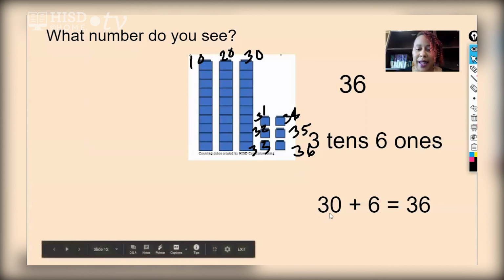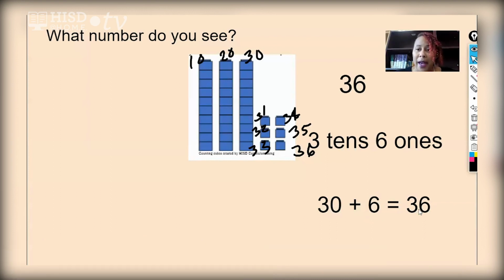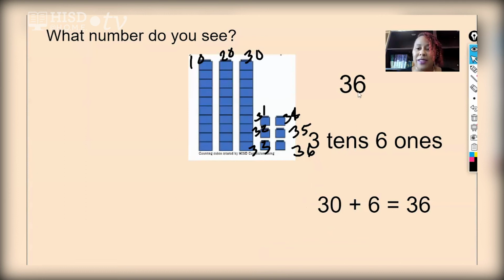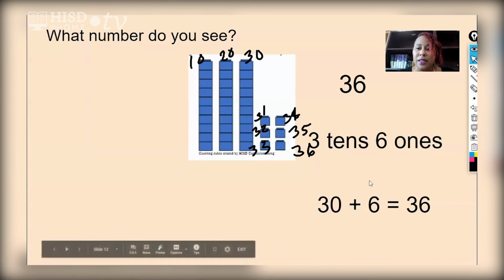So that means I can add 30 plus 6 equals 36. If I want to put it in expanded form, that means I'm adding the value of each digit. So I know the 3 is representing 30 and the 6 is representing 6. So 30 plus 6 equals 36.